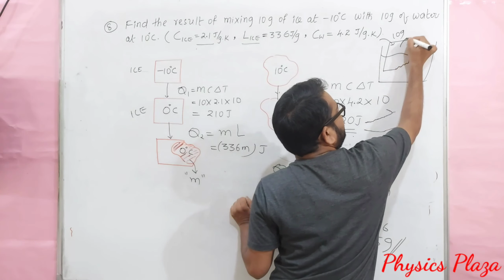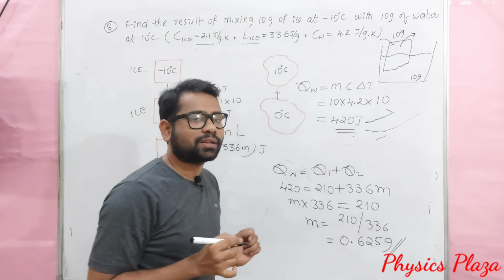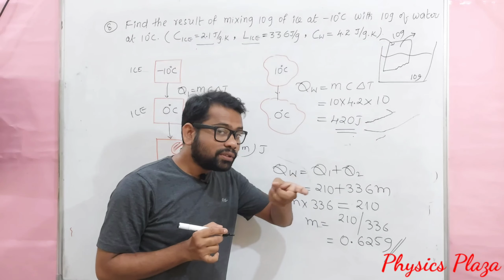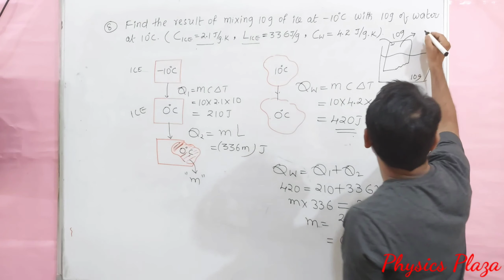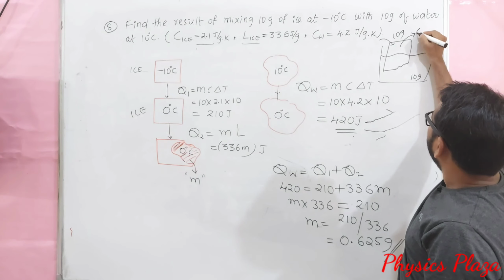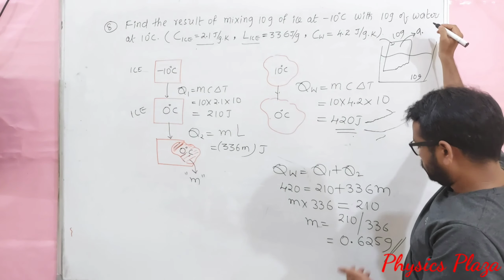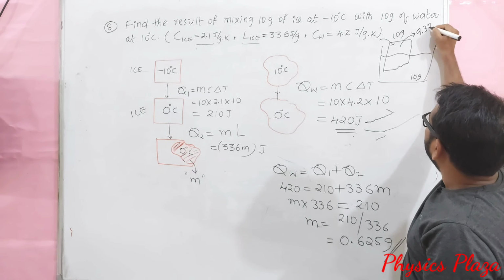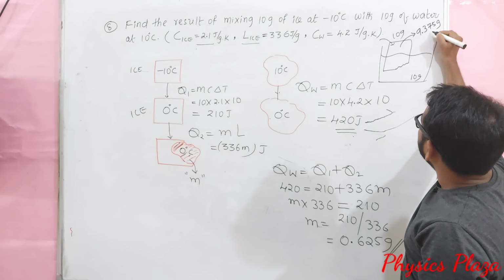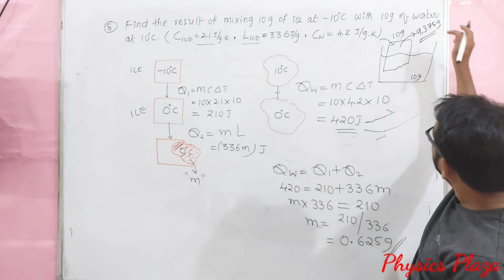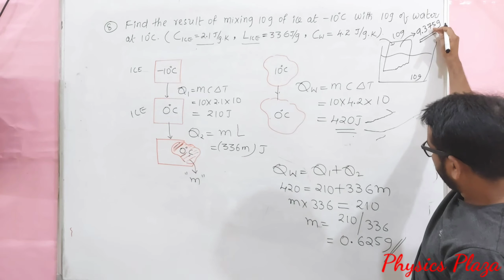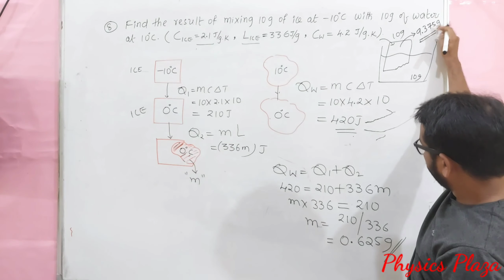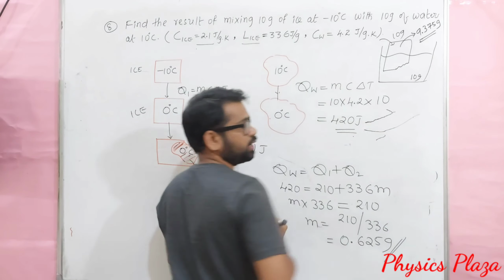Then what is the remaining ice? Sometimes they will ask for the mass of the remaining ice, so it's very important. It is 10 grams minus 0.625, which gives approximately 9.375 grams.